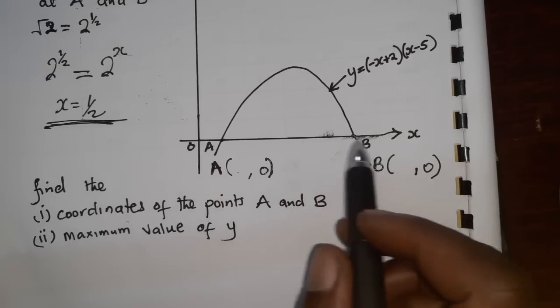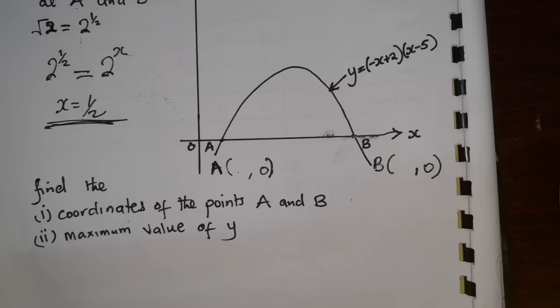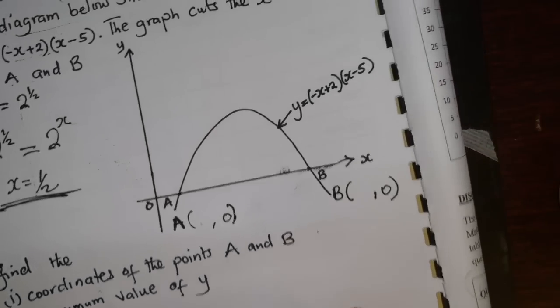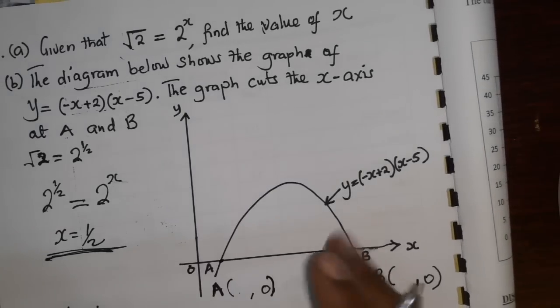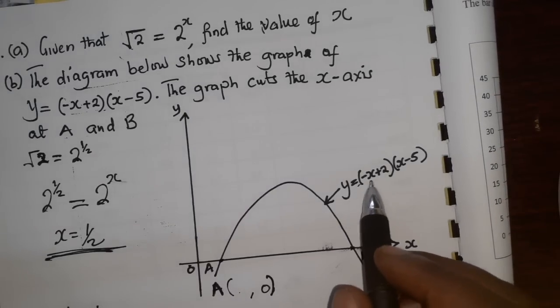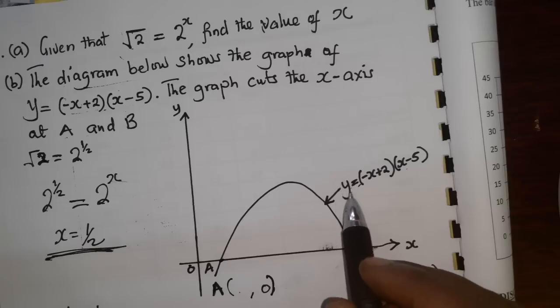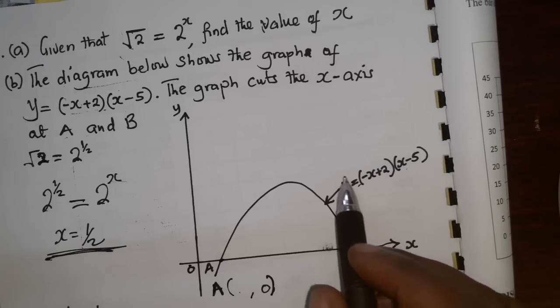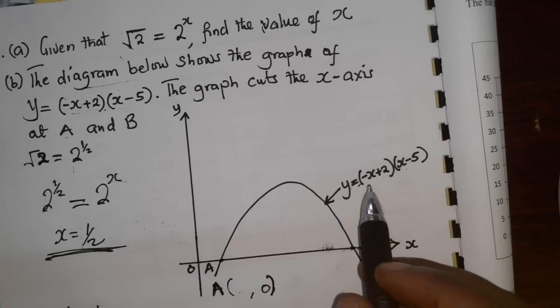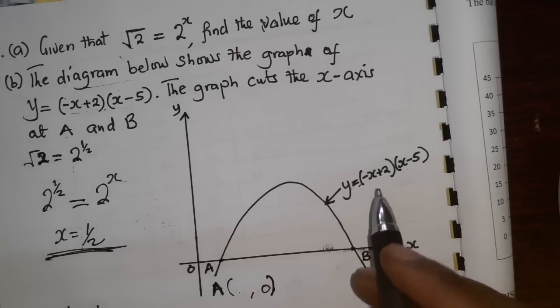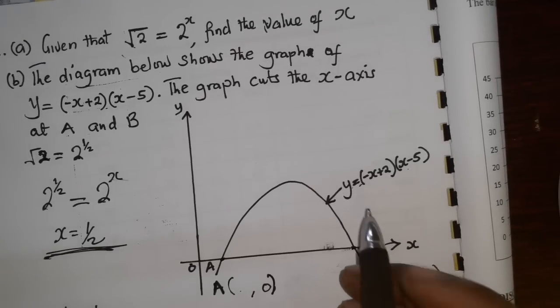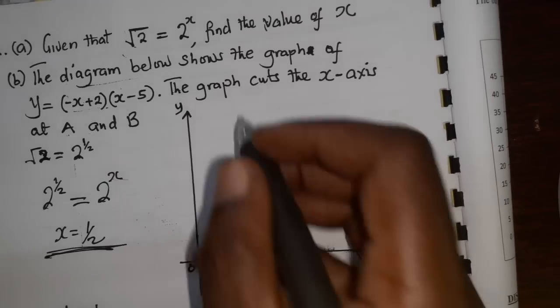Y is 0 here. Okay? So what we'll be doing is that on this equation, where there's y here, we're going to put a 0 and ask ourselves, what are the values of x when y is equal to 0? Because y is equal to 0.